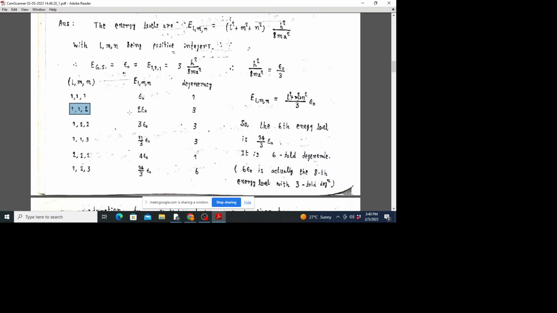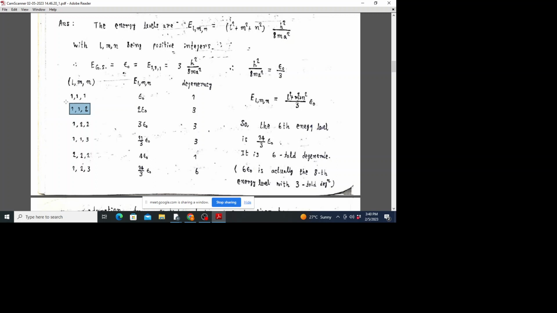So three different combinations. These L, M and N are ordered collections, so 112 is different from 121, and that is different from 211.